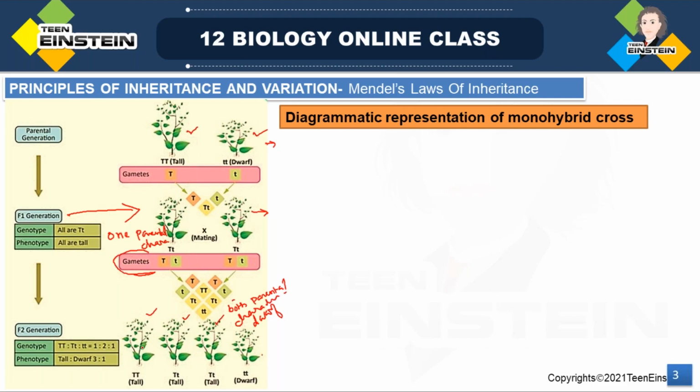In the F2 generation, 3/4 or 75% of plants were tall and 1/4, that means 25% of plants were dwarf. Both parental characters were expressed in F2, in a 3:1 ratio.